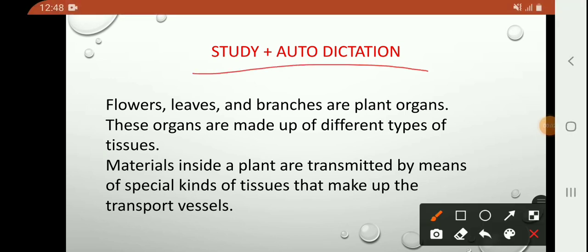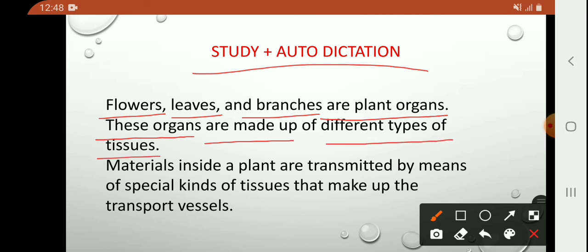Study and write. Flowers, leaves and branches are plant organs. These organs are made up of different types of tissue. مثل ما قلنا الأورجانز هو بيتكون من أنواع متعددة من الأنسجة.